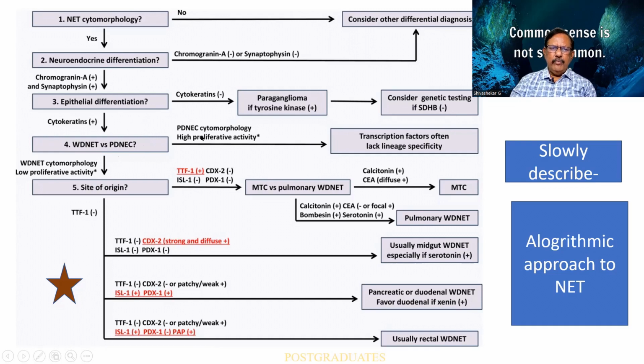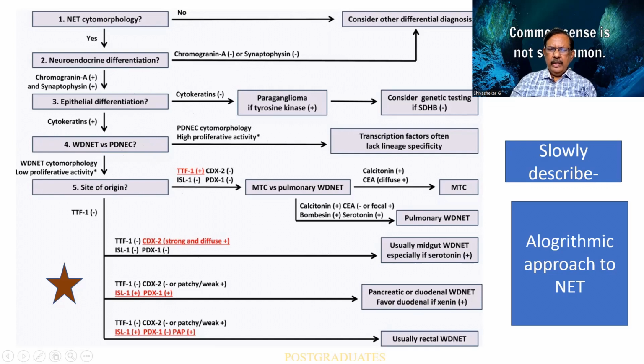NET and NEC, these are again important for the cytomorphology and the high proliferative index. If this is there, then the transcription factors will have to be studied. And if there is a low proliferative index, then you'll have to consider the site of origin. These are the things. This is the way it is being done. So sequentially, there is a yes, no at each stage, and you proceed.